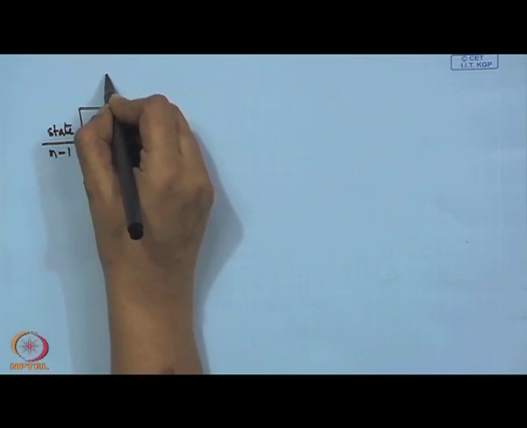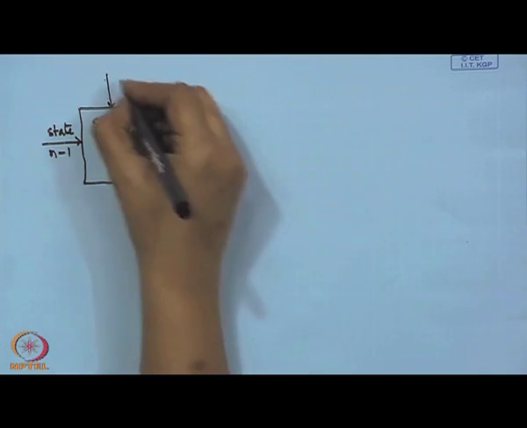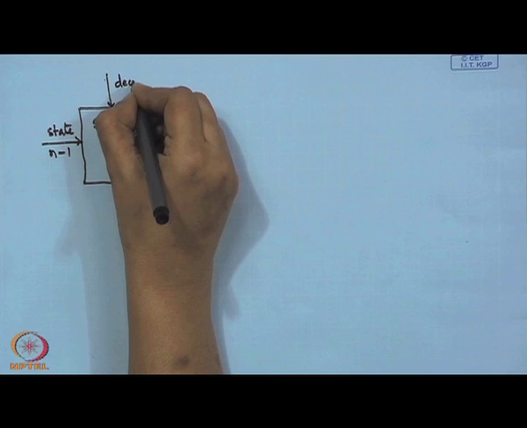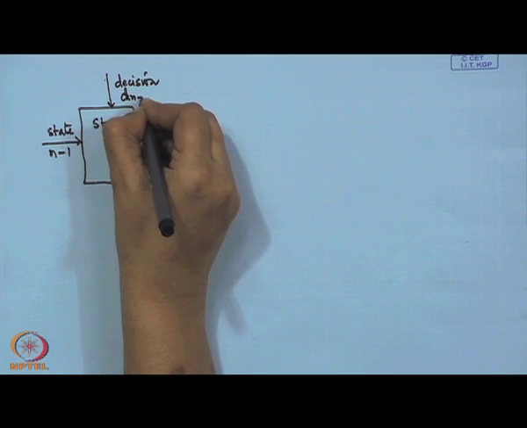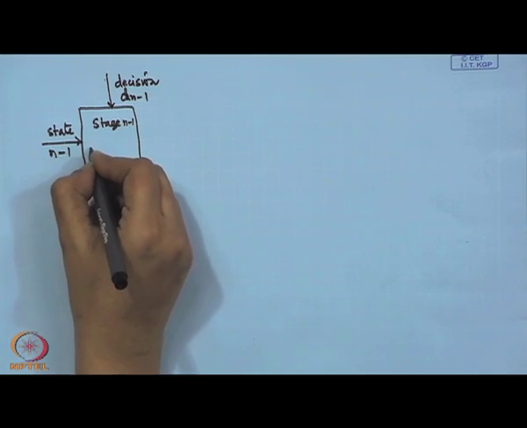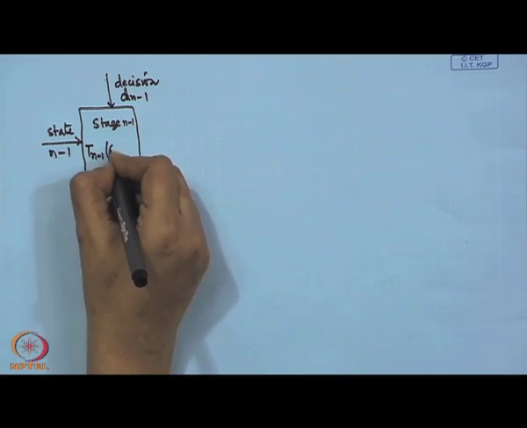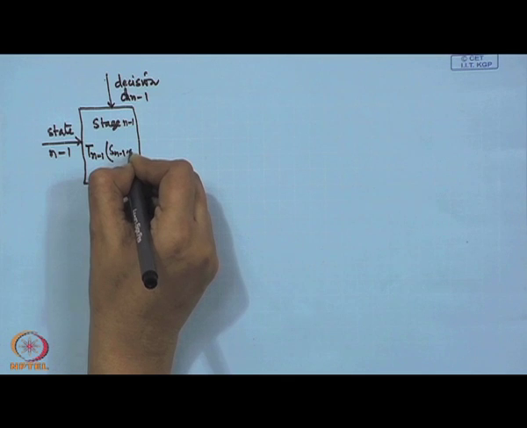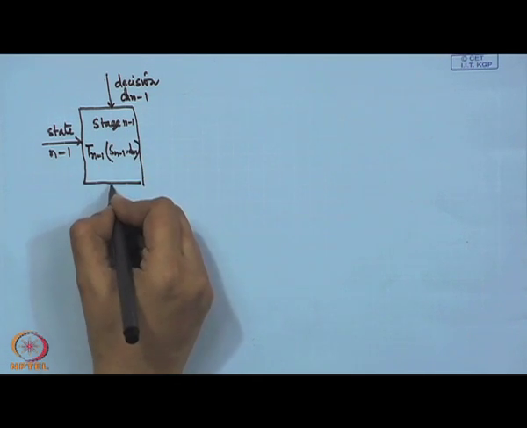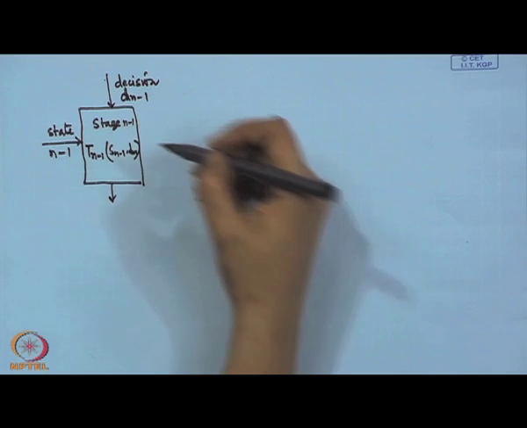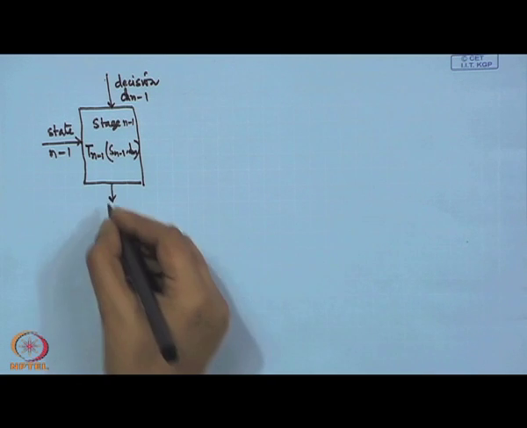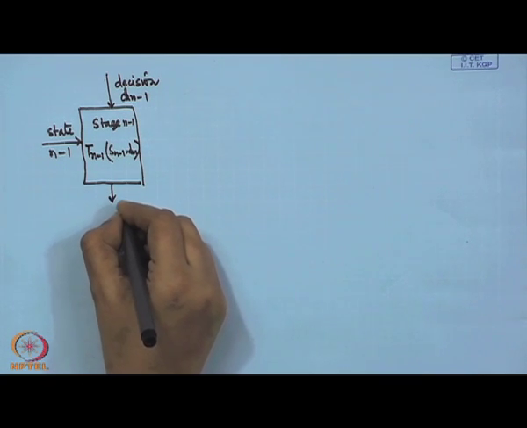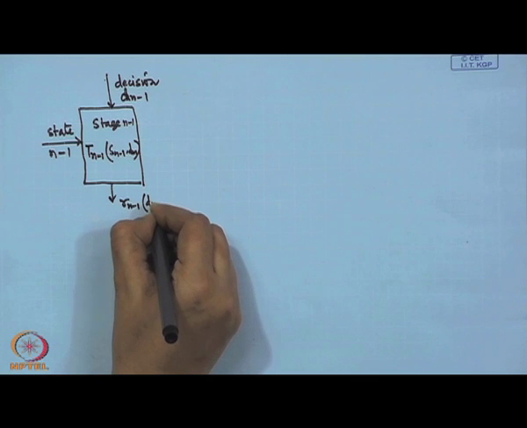If I consider the state s n minus 1 and the corresponding decision d n minus 1, then there is the state transformation equation, which is a function of s n minus 1 and d n minus 1, and we have the immediate return r n minus 1 of d n minus 1.